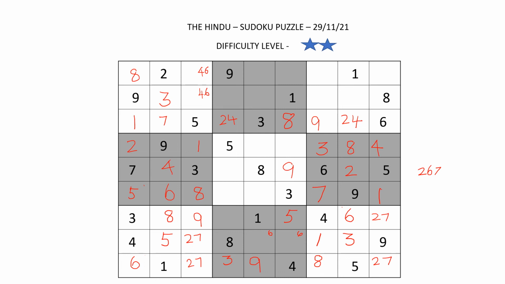The missing numbers are 2 and 4. Now obviously this 2 cancels out the 2 here. So this becomes a 4. So this becomes a 2. Because of this 2, this becomes a 4, and this becomes a 2.